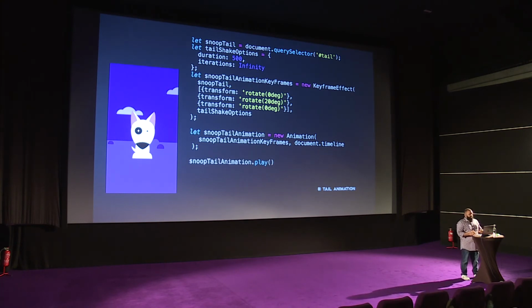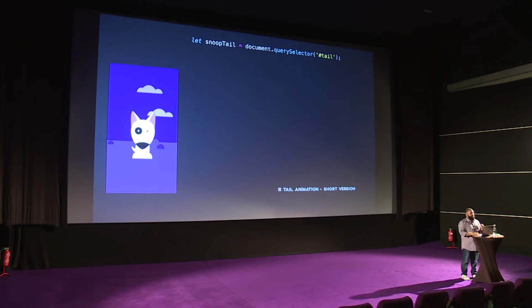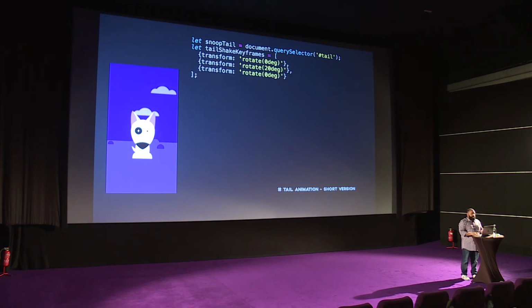You see that we wrote a lot of code just to do this small thing here, and so they found out and tried to improve. So they now have this shorter version that's basically the same thing. You have to get the elements that you want to animate, define the keyframes here, and also the animation options that you have.